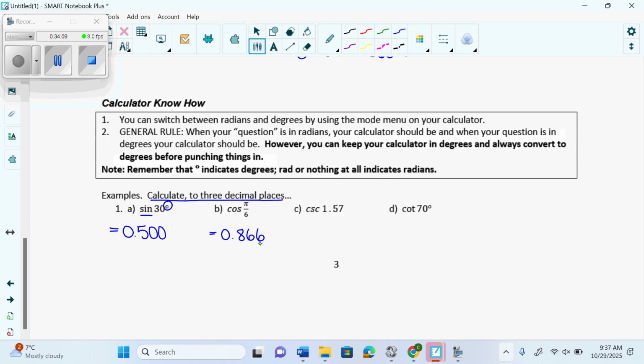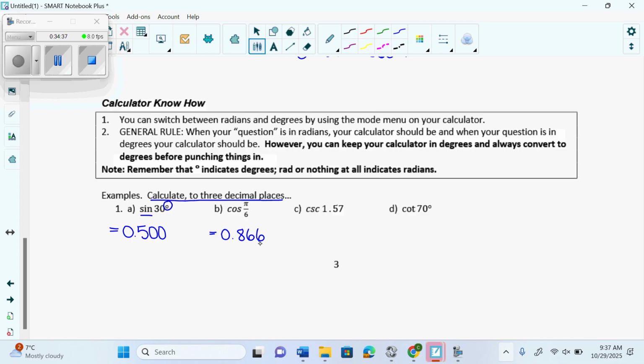Okay, this is where your formula sheet comes in handy. Your calculator has a sine, cos, and tan button, even though Brady wants it to have more. It doesn't. It has a sine, cos, and tan. All right? This one, however, says cosecant. We haven't really talked about cosecant yet. However, on your formula sheet, it does give it to you. Up here, if you look, it says tan is sine over cos, and cotan is 1 over tan.